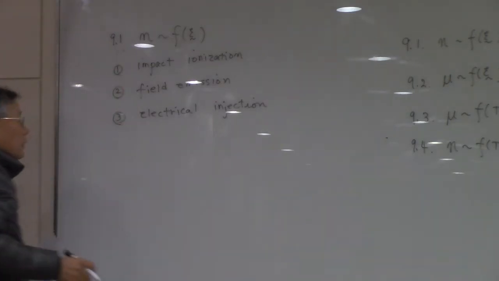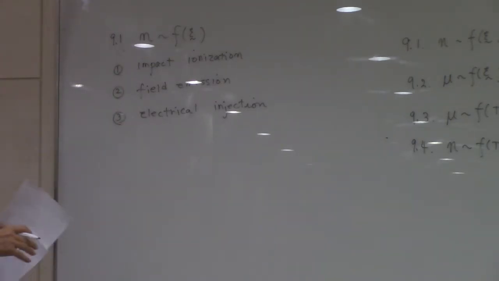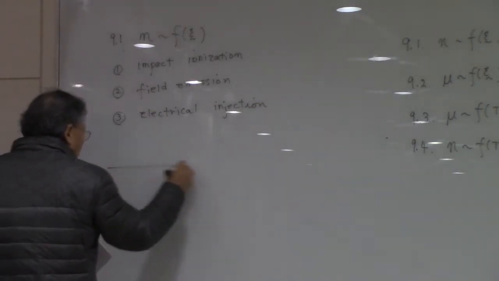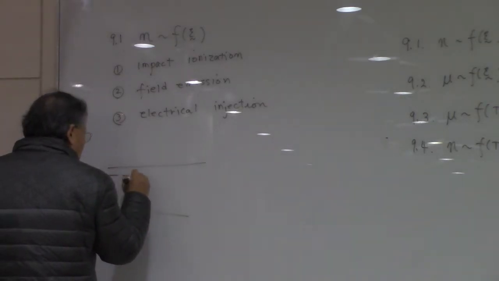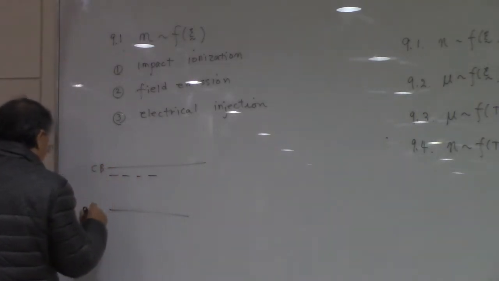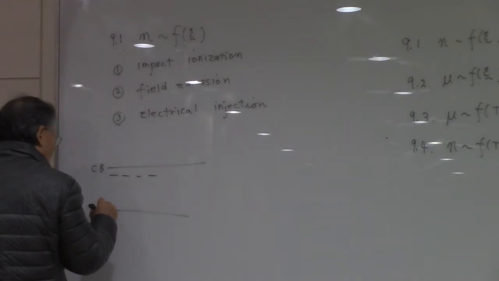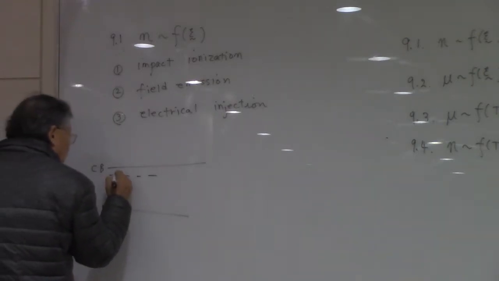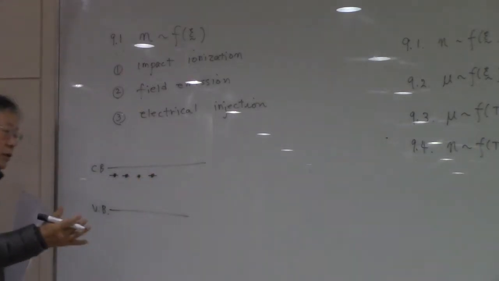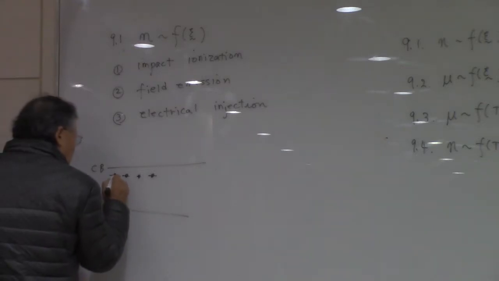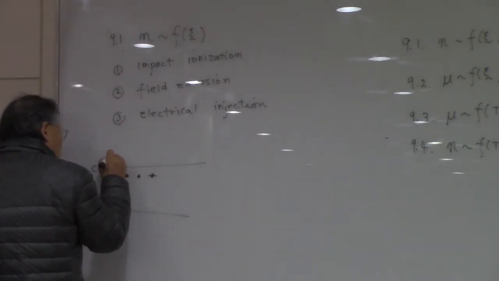Impact ionization is the phenomenon related to the generation of free carriers by applying a high electric field to the electrons on the conduction band. For example, the Auger electron is nothing but the generation of electrons: if you apply the electric field, then the electrons trapped in the trap site are going to be excited to the conduction band.